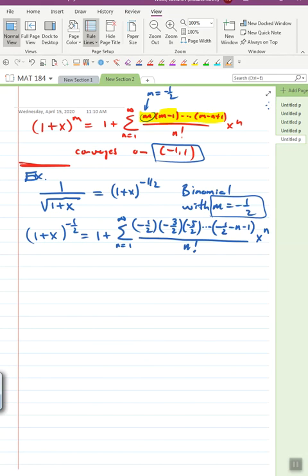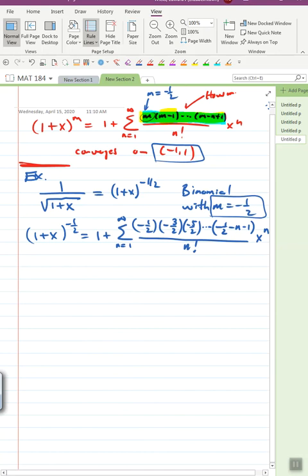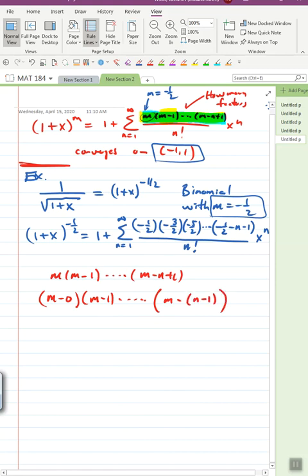Alright, question. Somebody can tell me this. In this general expression that we've written, m times (m minus 1) down to (m minus n plus 1), how many factors are there? How many numbers are there?